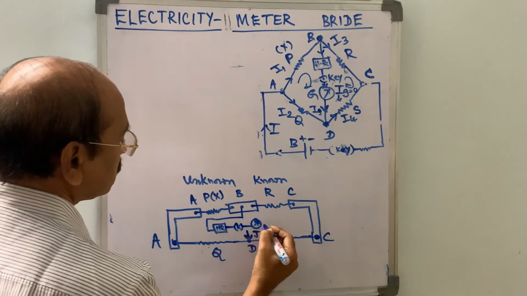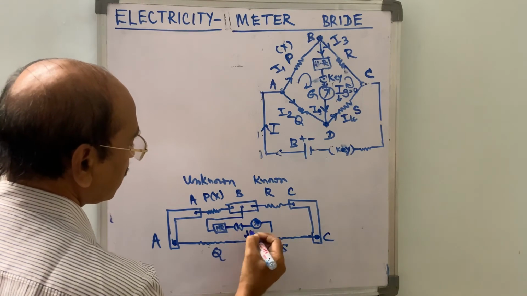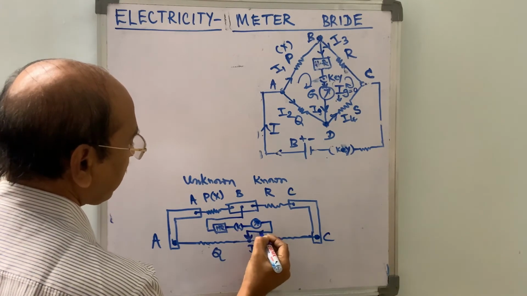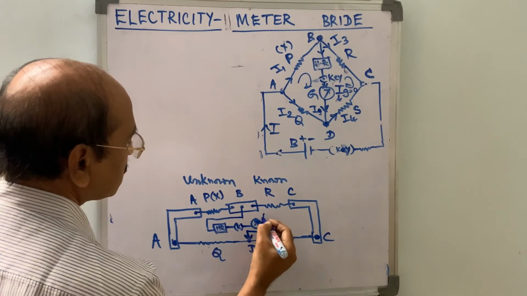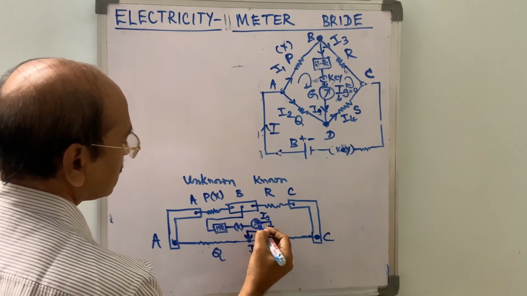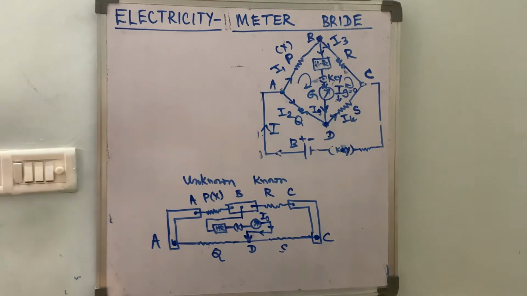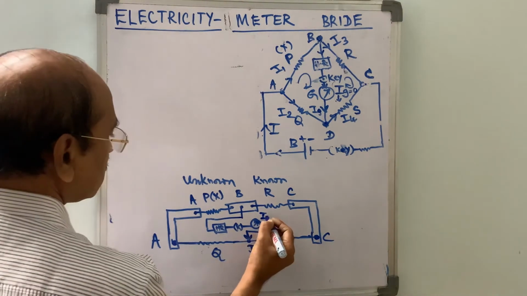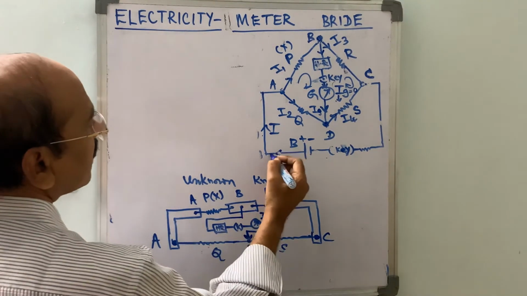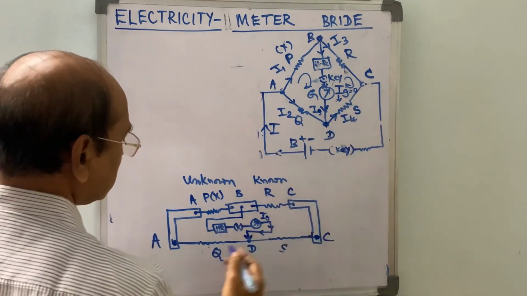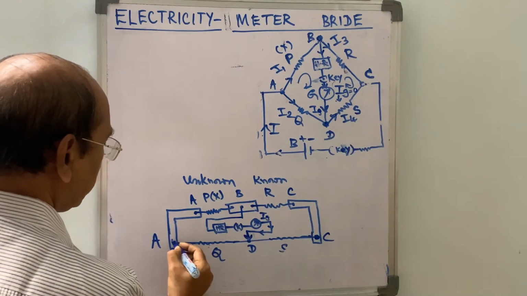So this is connected to the jockey. Current Ig is flowing through this. This resistance is capital G. And a battery is connected between the terminals A and C separately.